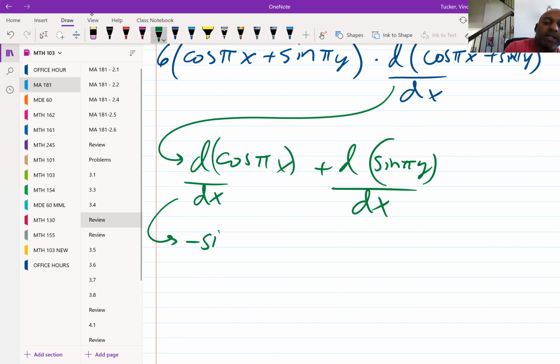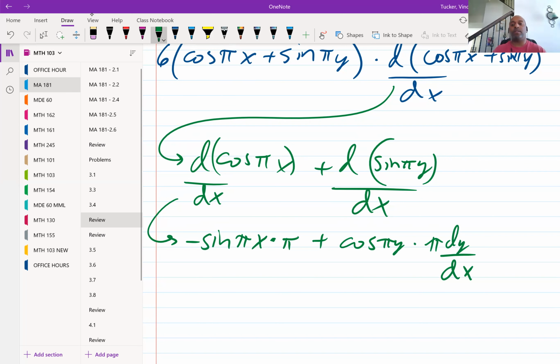So it's going to be negative sine pi x times pi, plus the derivative of sine, which is cosine pi y. Then the derivative of pi y is pi dy/dx.